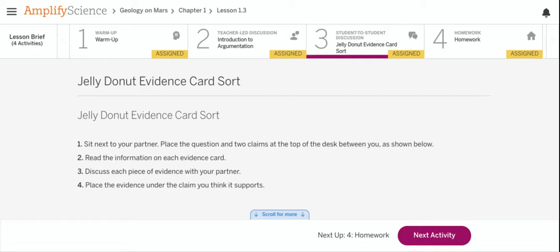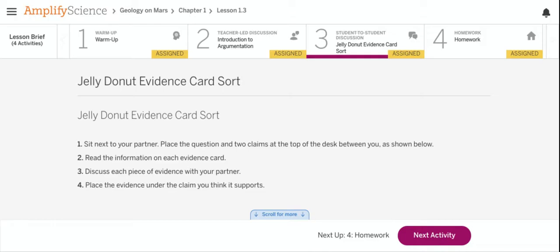Your homework piece is going to ask you to get down your first thoughts on this. For this activity, you're going to look at images of landforms on Earth and compare them to the channel on Mars, and then answer some questions that go along with this. So you're starting to form your argument based off of the evidence that we have so far.